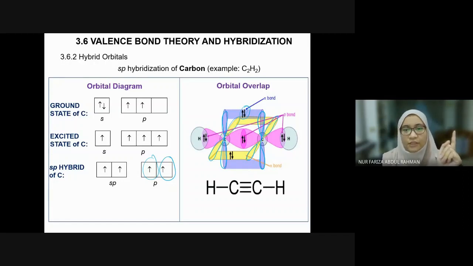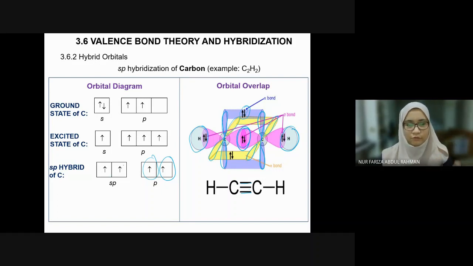Alright, so the rest are all the same. So this is the sigma with the hydrogen for C1, and sigma with the hydrogen for C2. Okay? Faham ya? So you can imagine, when you see multiple bonds, especially triple bond, the first time you will be nervous. When you're nervous, okay, you calm down. When you calm down, then you do it. Okay, being nervous is normal.